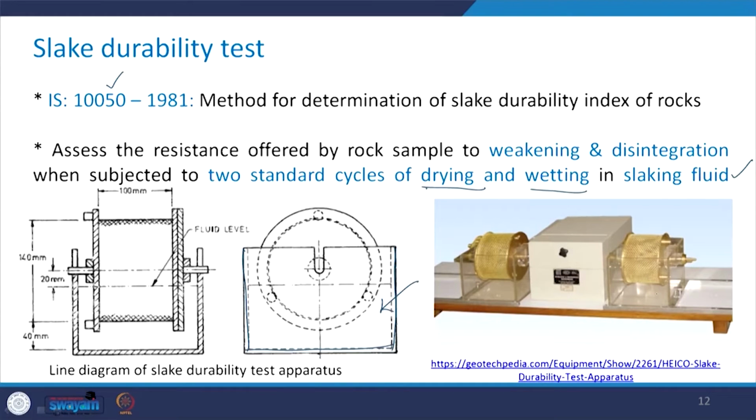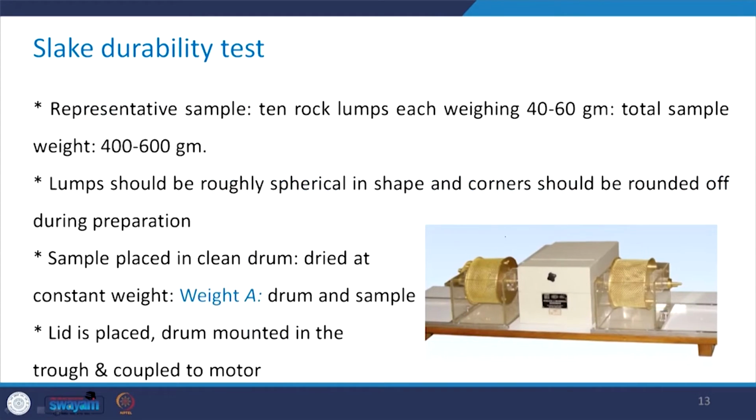Take a look at this picture. You can see that with the help of the perspex sheet, this trough has been made on both the sides and you have the drum here. Now, see how the sample is prepared. In this one 10 rock lumps, each weighing about 40 to 60 grams, are taken.